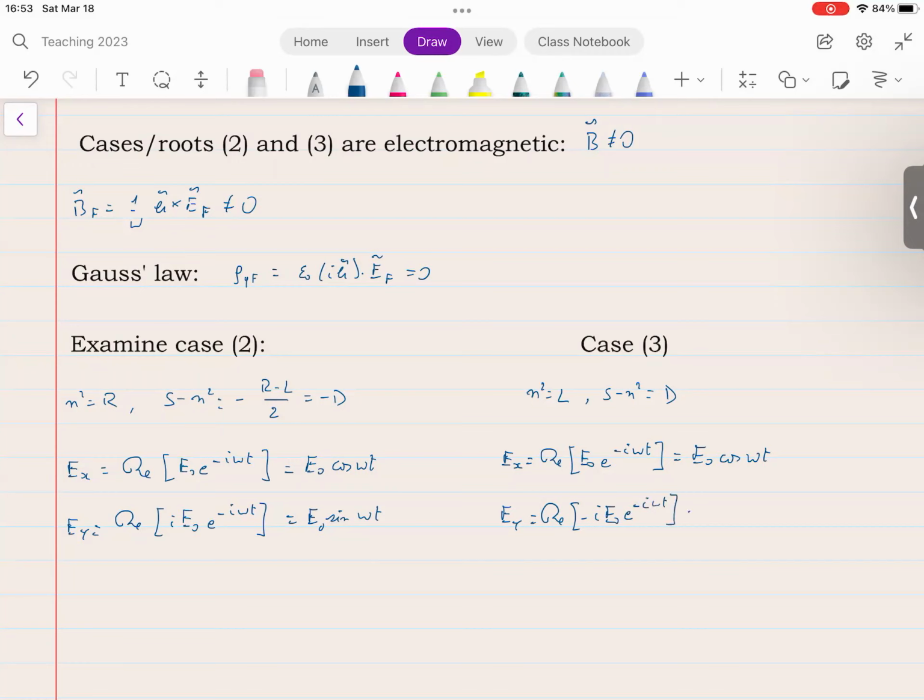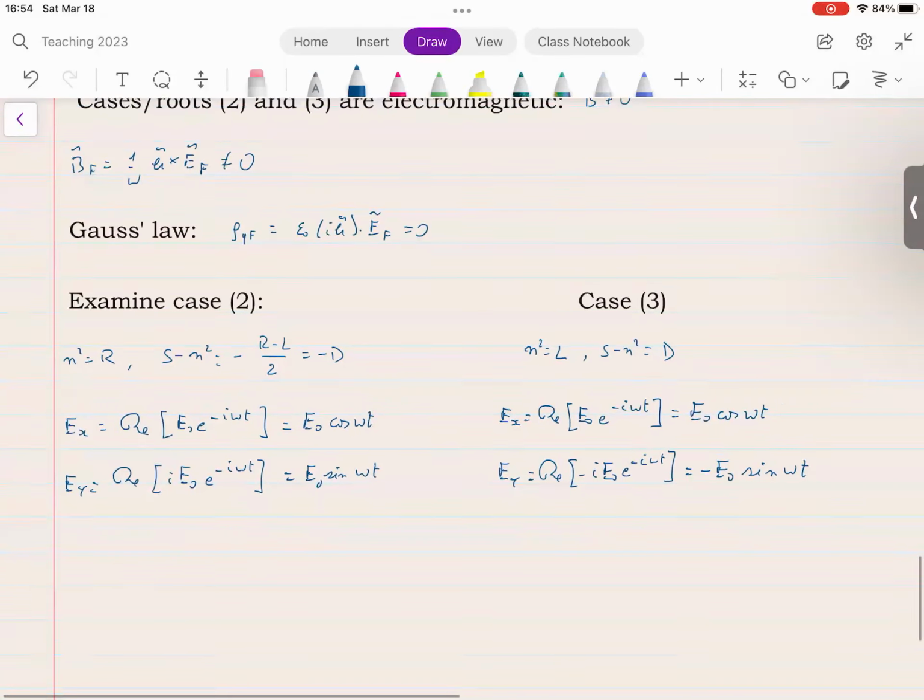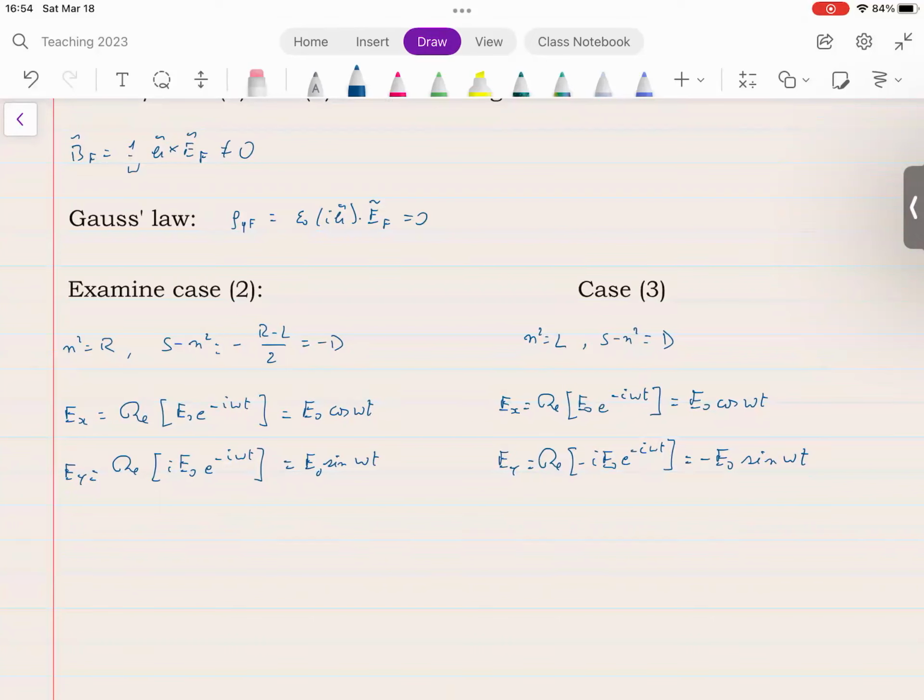Then I take the real part and I get minus E0 sine of omega t. So really, the first one, the one that's on the left, I didn't do that very cleverly. The one that's on the left is the right polarized wave. The other one, the case 3, is the left polarized wave. The right polarized wave turns to the right, and the left polarized wave turns to the left, as they showed.